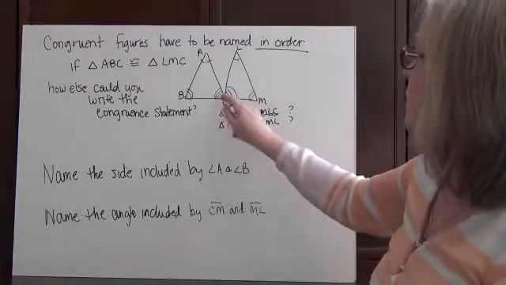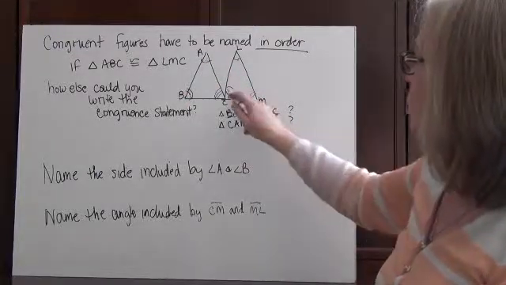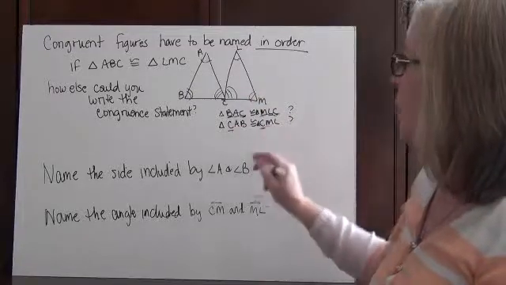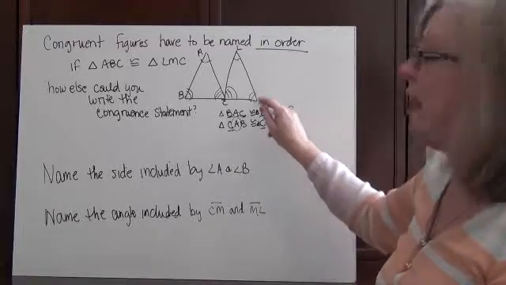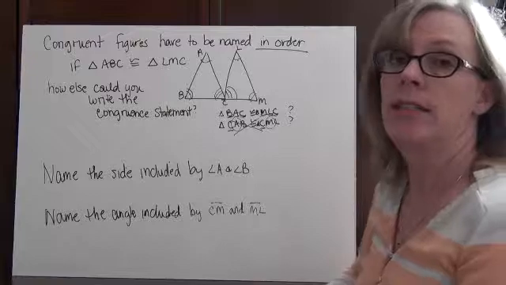CAB, that would be triple, single, double, goes with CML, that would be triple, double, single. C goes with C, and that's great, but look at A. A has one arc mark. It can't go with M. M has two arc marks. So this would be an incorrect statement.